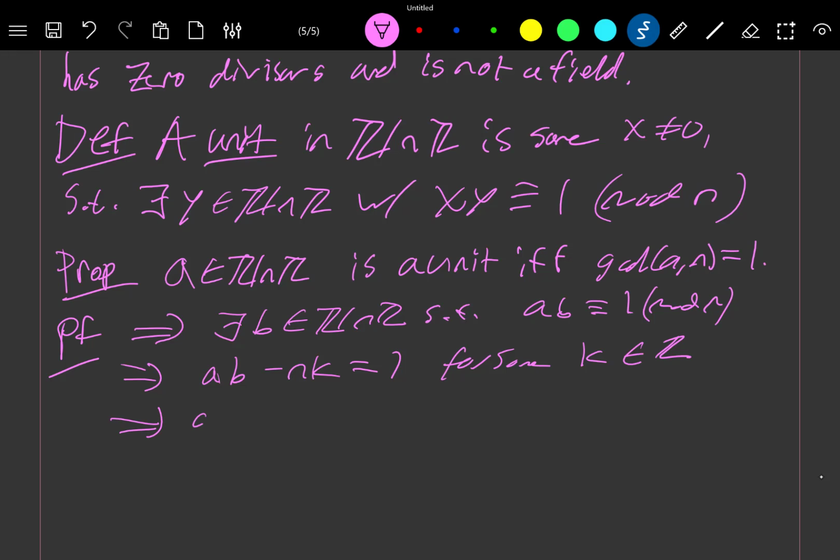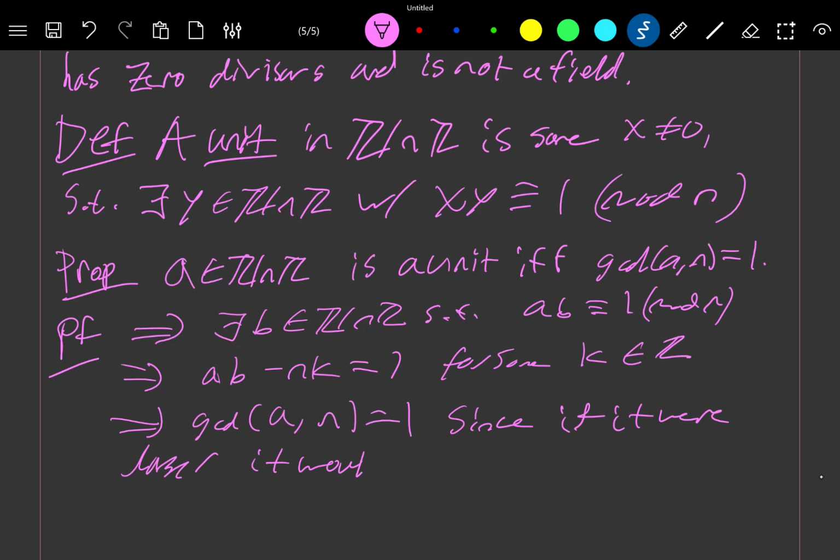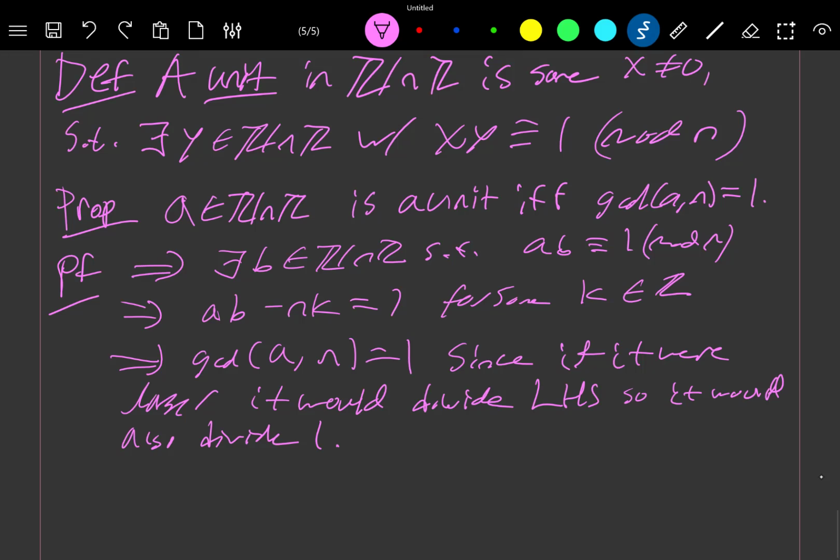So this tells us that the GCD of a and n is equal to 1, since if it were larger, it would divide the left-hand side, so it would also divide 1.